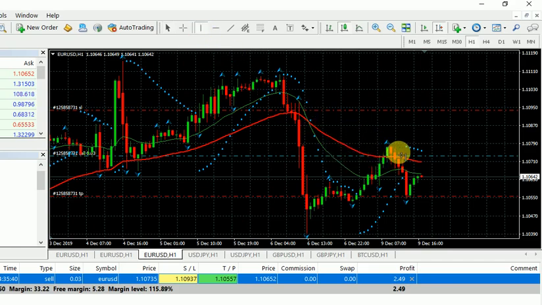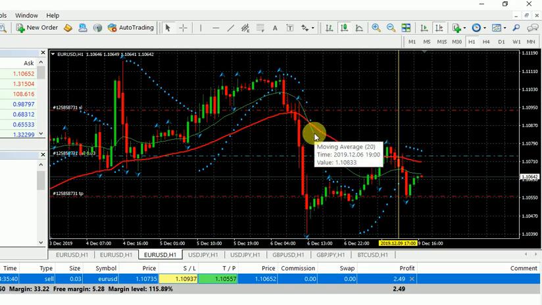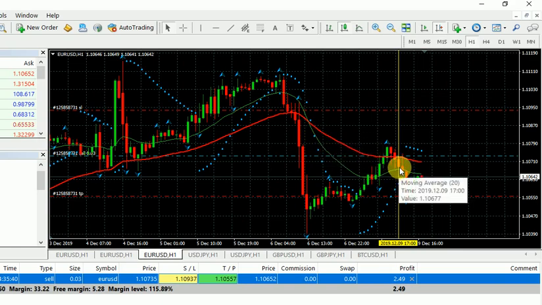This is the situation where I took entry, that is the 20 EMA crosses the 50 EMA from above and makes the next bearish trend, and the candle opens below the 50 EMA. Here I took my position of the selling trend.